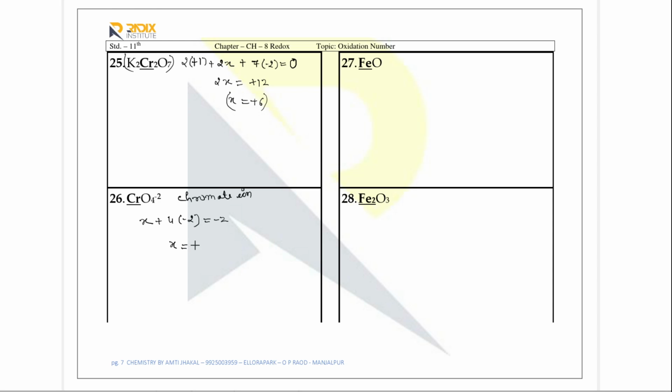So X is equal to +6. So in dichromate as well as in chromate, chromium oxidation number comes to be +6. Iron oxidation number X into -2 is equal to 0. So X is equal to +2.